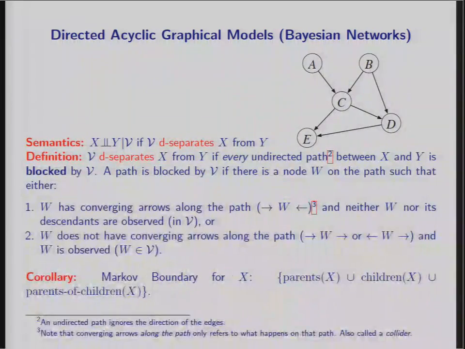And I won't go over the definition of it just because it's a little tedious, but you could look through it and try to understand it. The idea behind this D separation is that we're trying to capture, kind of intuitively, whether all information from x to y and vice versa has to pass through the nodes V. If everything between x and y has to pass through V, then once we know V, x and y become independent of each other.